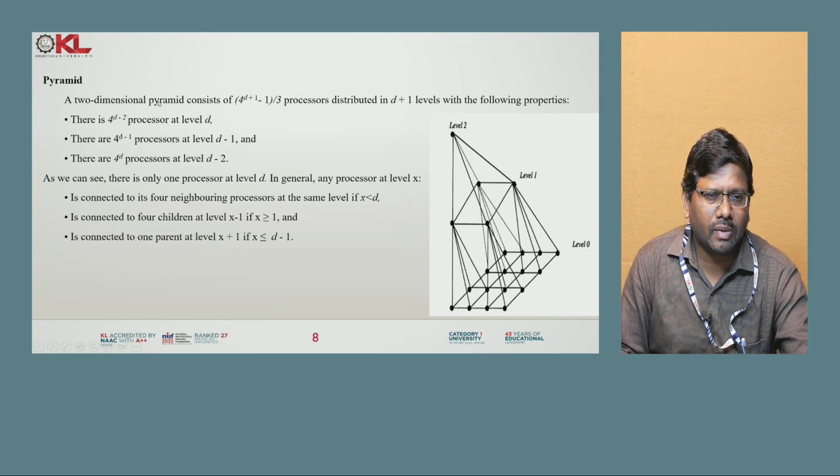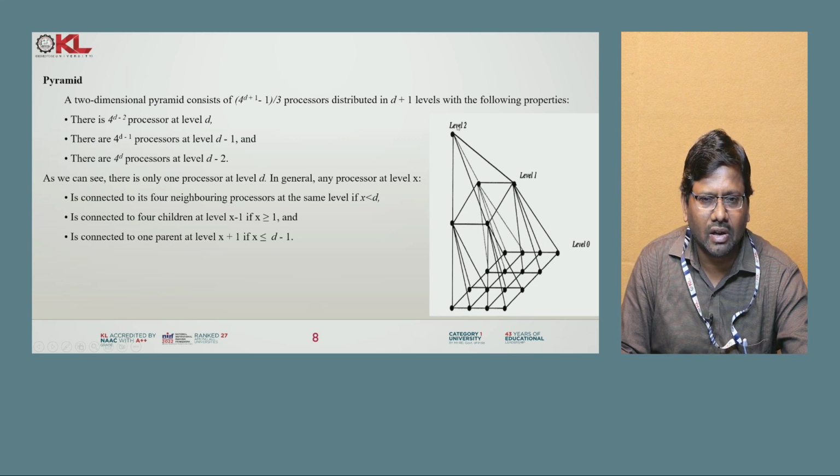Here a two dimensional pyramid interconnection is represented with (4^(d+1) - 1)/3 processors. So d plus 1 indicates the number of levels. Here we have level 0, level 1, level 2. As the level number increases, the number of processors in that level decreases.